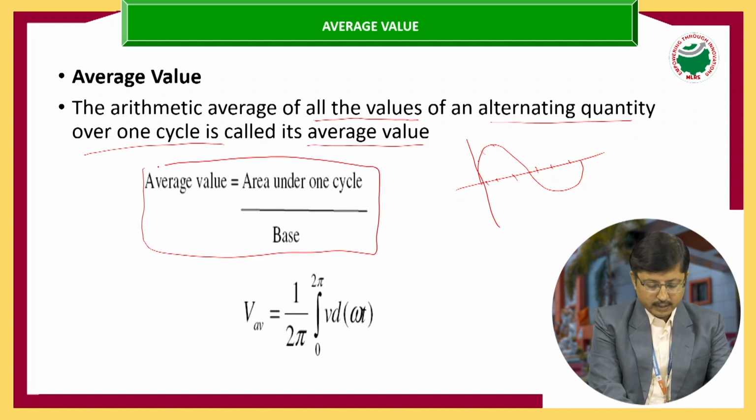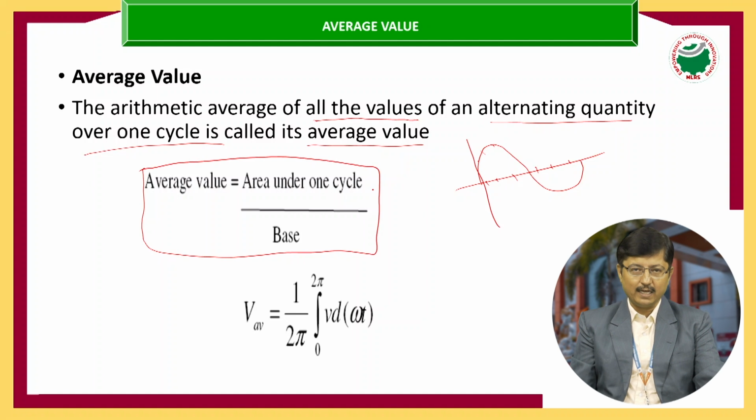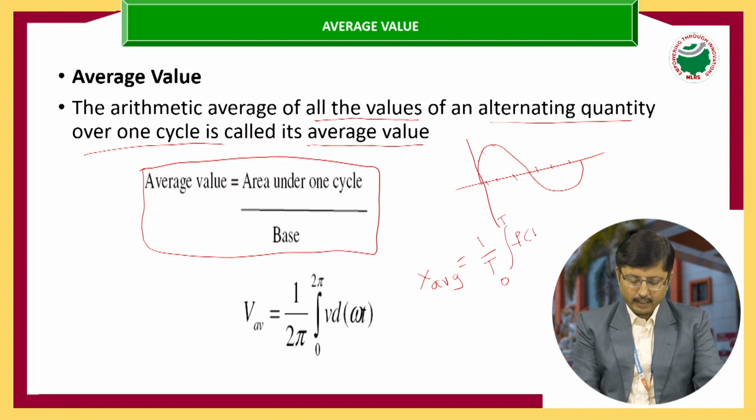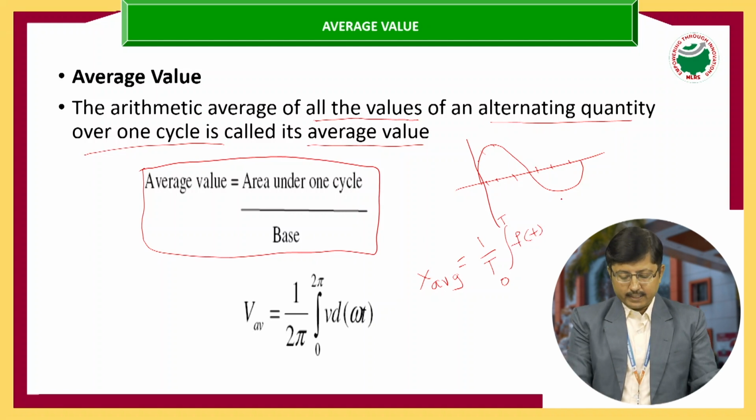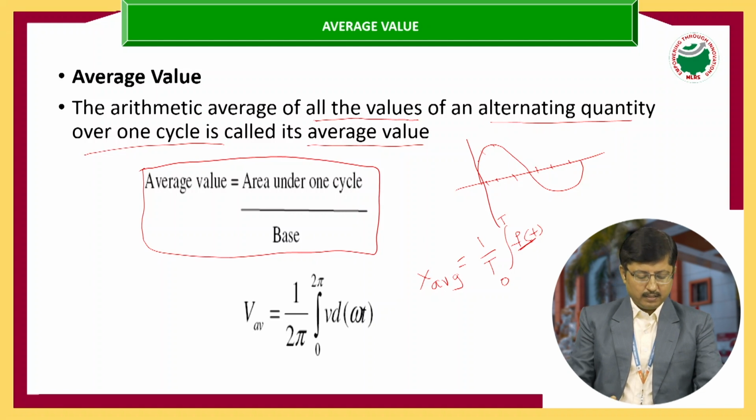The general expression for average value is the area under one cycle divided by the base of the cycle. In general I can write that as, average value is equal to 1 by T, where T is the total time period of the cycle, integral 0 to T of f(t) dt. Here f(t) is the function, and in our AC circuits the alternating quantity is either voltage or current.